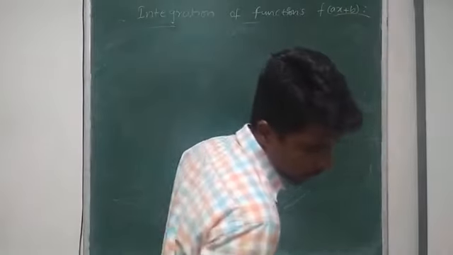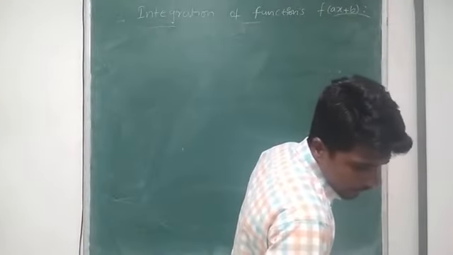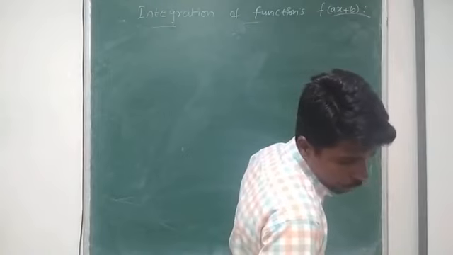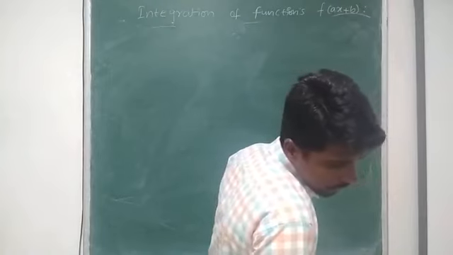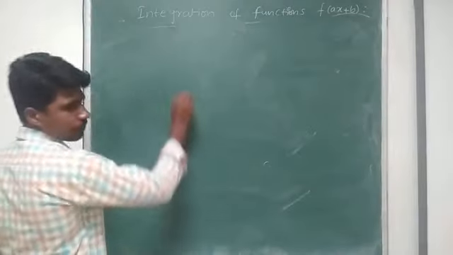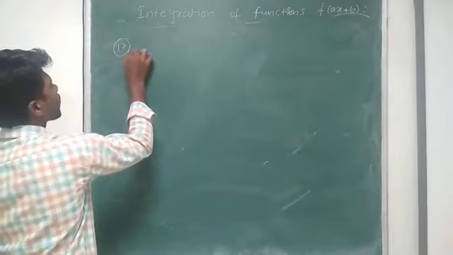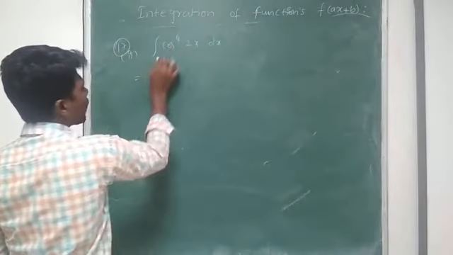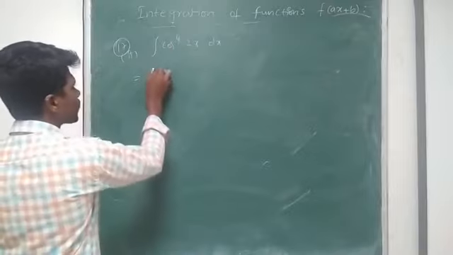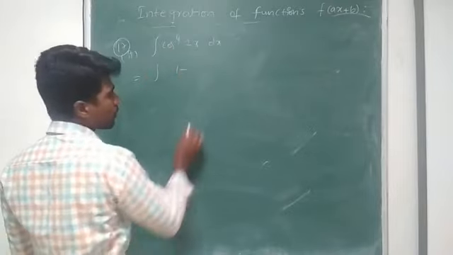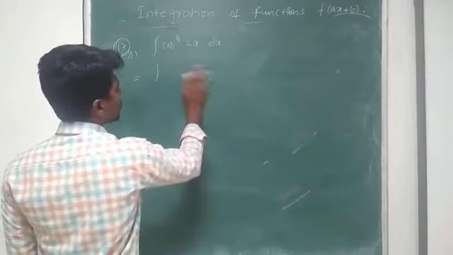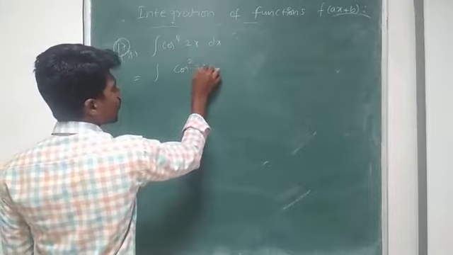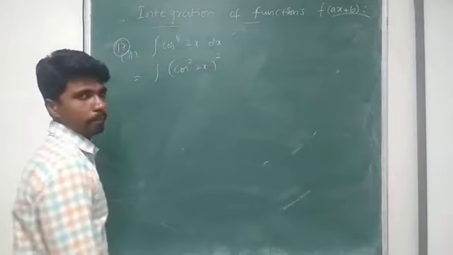Next question. Integral of cos to the power of 4 2x. I have cos to the power of 4, so cos power 4 2x can be written as (cos square 2x) whole square.